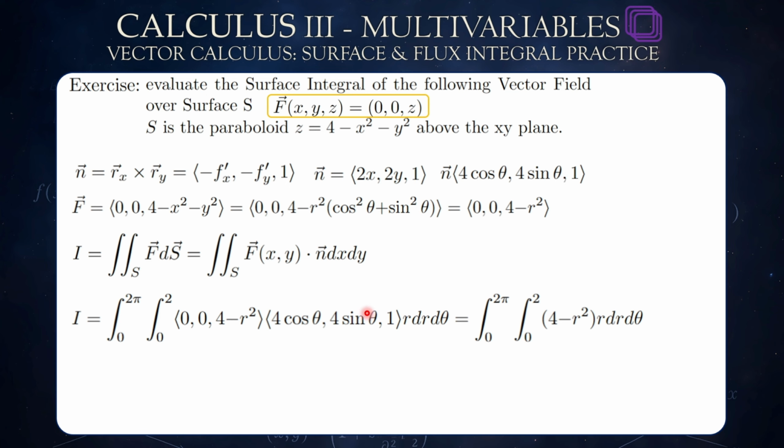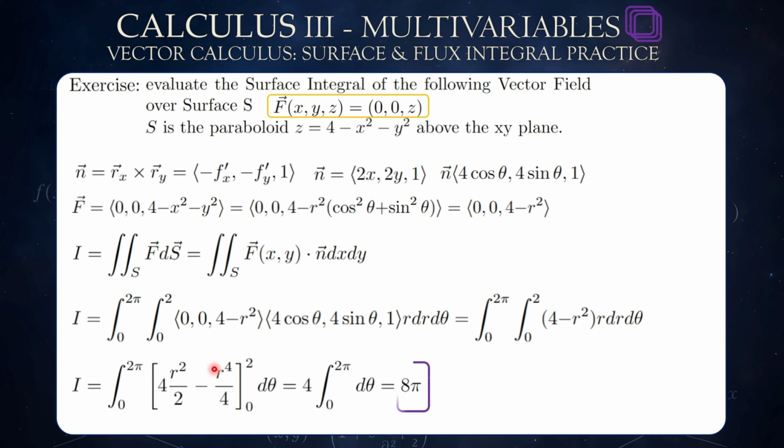This is n, and this is the vector field, times r dr d theta, equal to the integral from 0 to 2 pi, integral from 0 to 2, of 4 minus r square, times 1, r dr d theta, equal to the integral of 4 r squared divided by 2 minus r to the power of 4 divided by 4, between 2 and 0, which is equal to 8 pi.